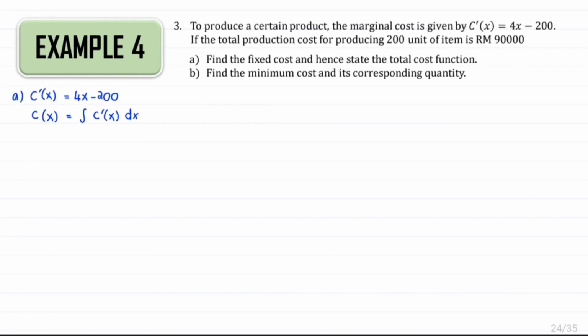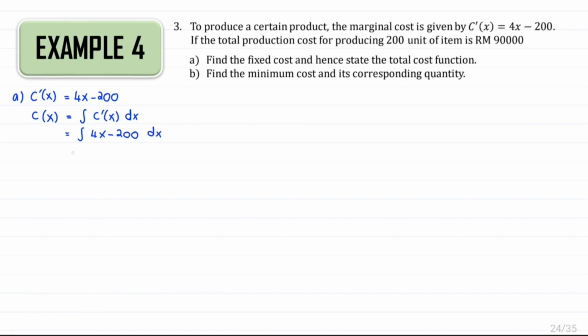To find the fixed cost and total cost function, we need to find the cost function. To find the cost function, we integrate C'(x). So we integrate 4x minus 200. Then we get the answer 4x² over 2 minus 200x plus C. Then we simplify, we get 2x² minus 200x plus C.